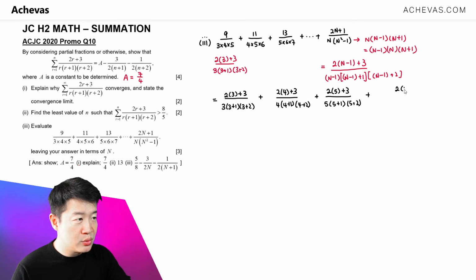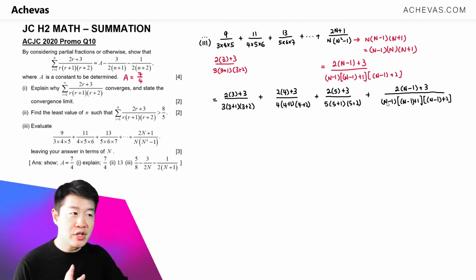So we will have 2 times n minus 1 plus 3, divided by n minus 1, then after that n minus 1 plus 1, and n minus 1 plus 2.